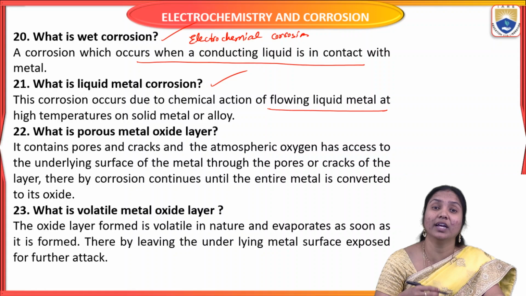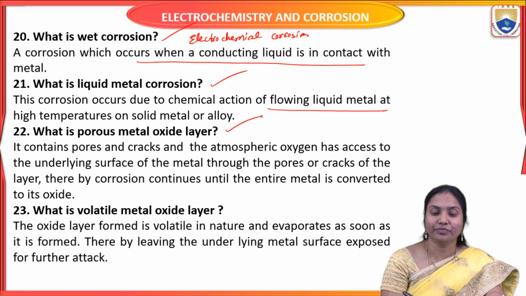That means the metal comes in contact with the liquid metal. In this case, this type of corrosion occurs, due to the chemical action of flowing liquid metal at high temperature on solid metal or alloys.